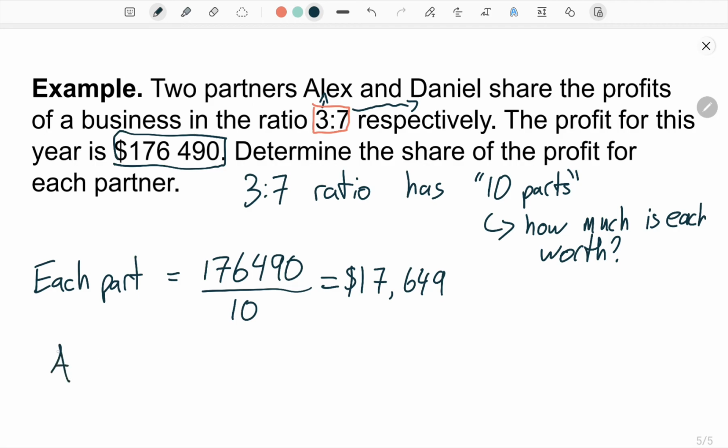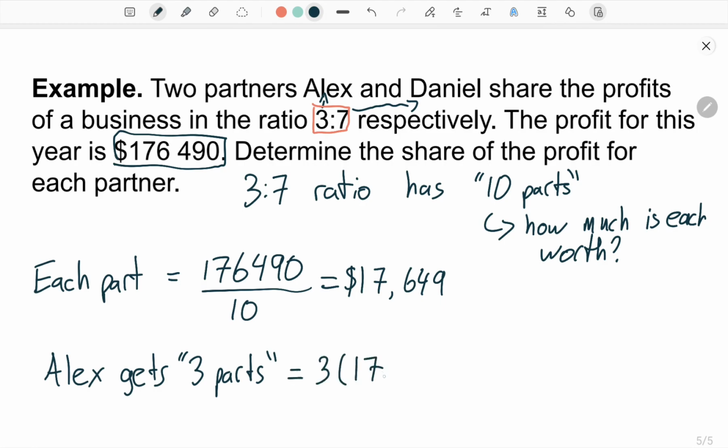Well, Alex gets, since it's a 3-7 ratio, 3 parts. And so that would be equal to 3 times that number. So 3 times 17,649. And if you calculate that out, what you'll end up getting is something like 52,947.